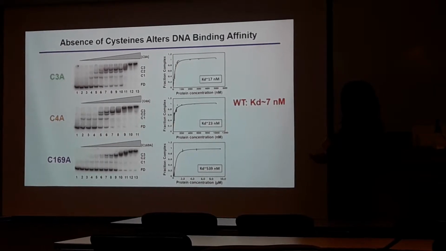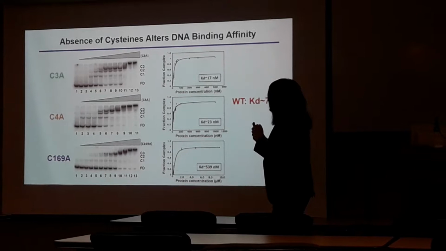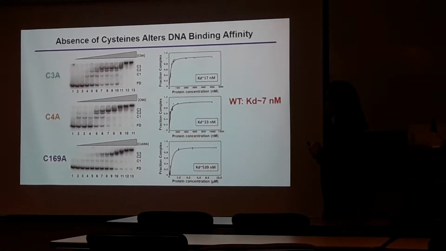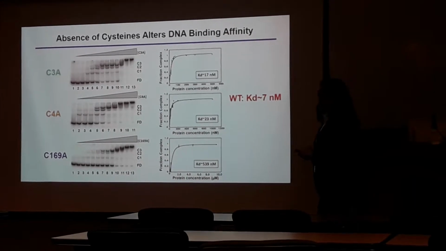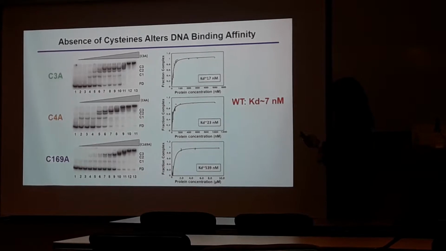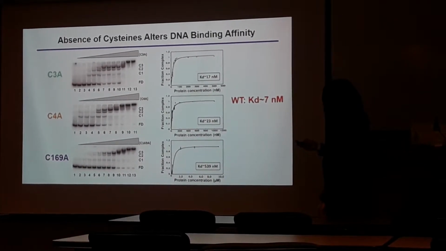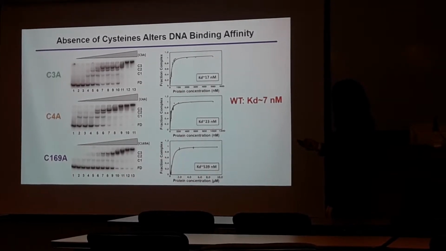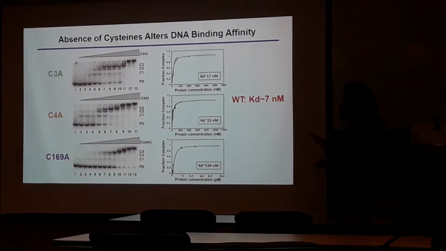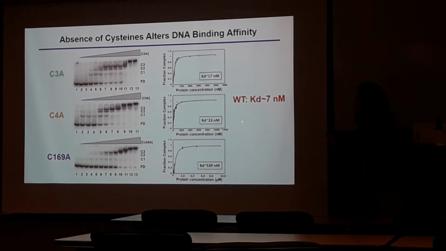Okay, that means that substitution of cysteine 3 or cysteine 4 affects DNA binding affinity. Just to mention, when the KD goes up, affinity goes down. Now, the most interesting thing that we have found here is that in case of the C169A mutant protein, the KD changes drastically, like 539 nanomolar, which is way higher than the wild type KD.